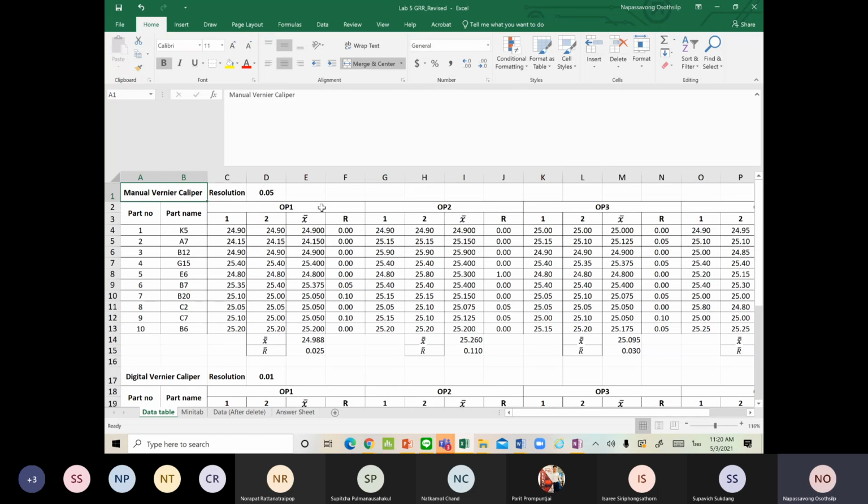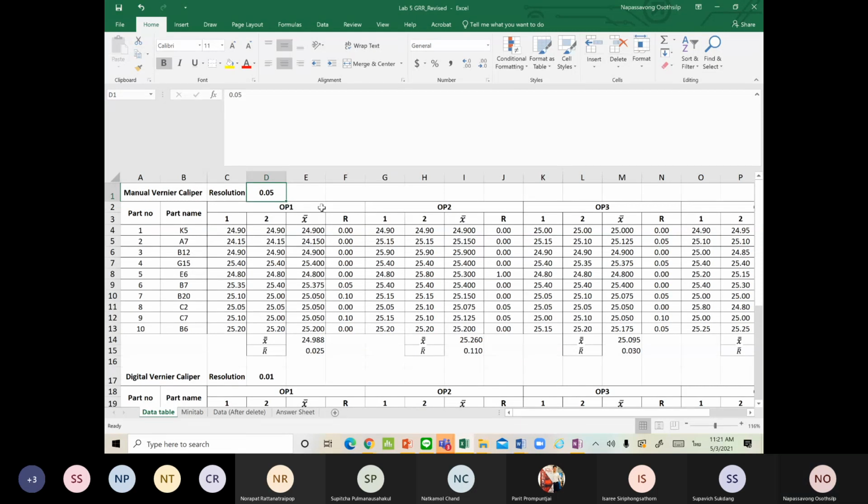So you have to read the measurements or the observation on your own, on the scale of the vernier. And the resolution is 0.05. That means each step on the scale differs by 0.05 millimeters.